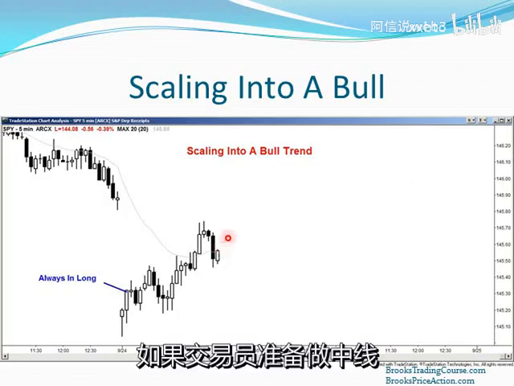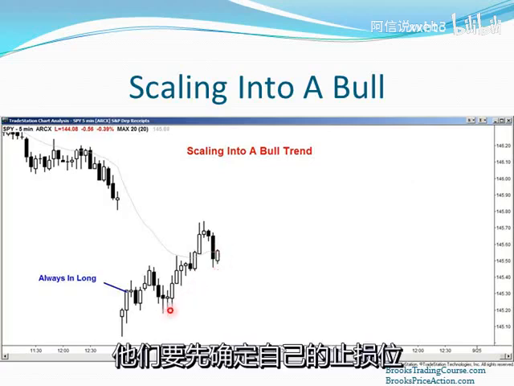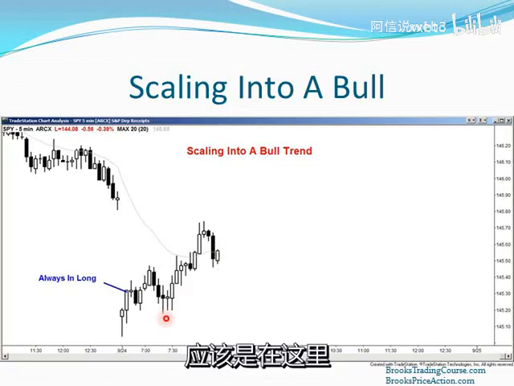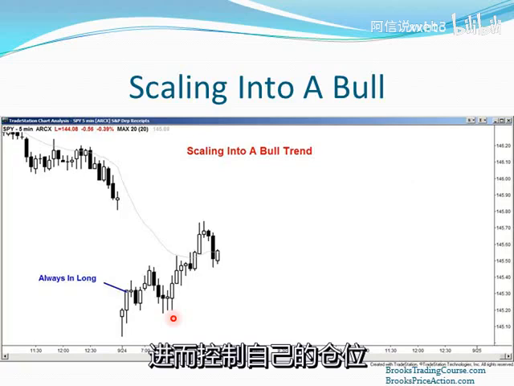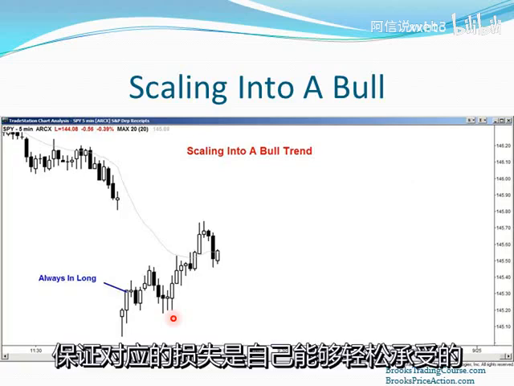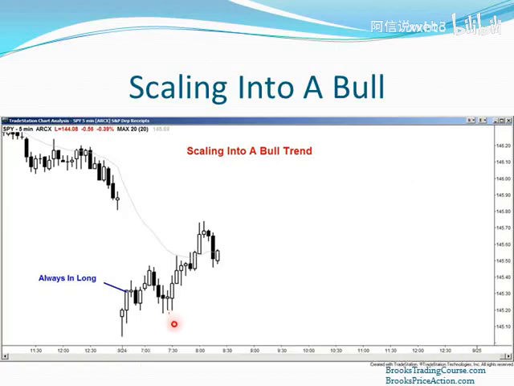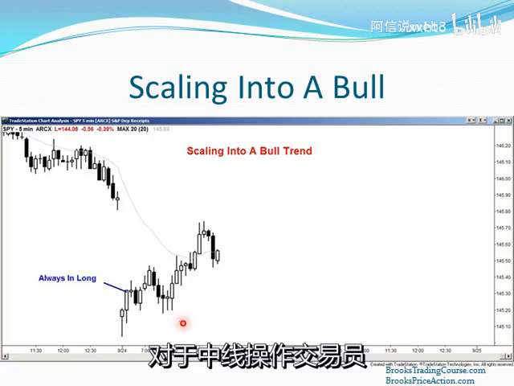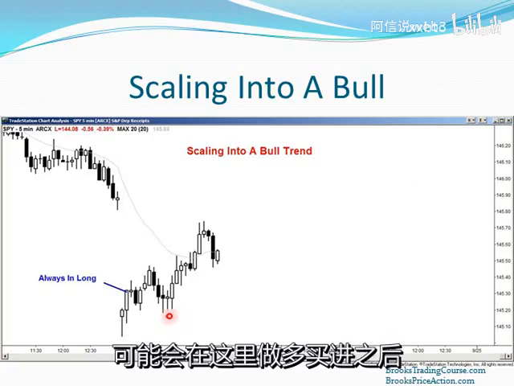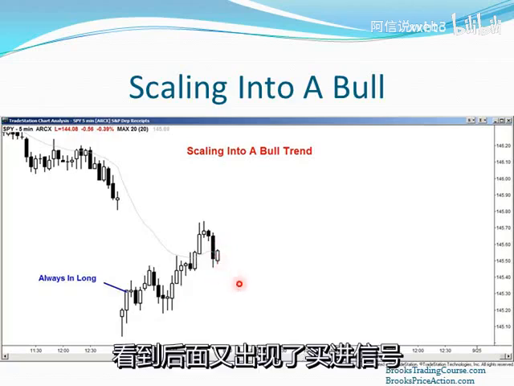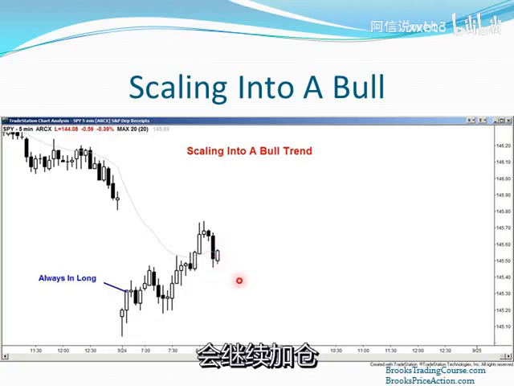If a trader were buying a swing position, they would have to see how far away their protective stop is down here and make sure to trade a position size that would allow them to be comfortable losing that amount of money. On the other hand, a swing trader would look at that and say, okay, I'm going to take this long, but if it drops down here and gives me a second signal, I'll buy more.